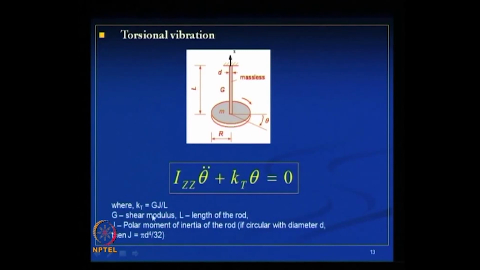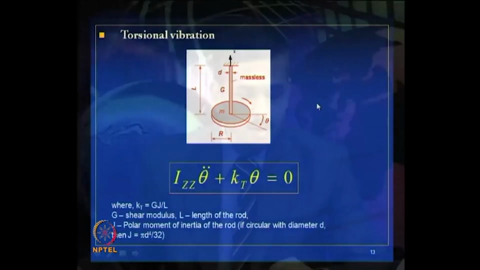Fine. So, using this expression, the torsional spring constant can be computed for a torsional vibration like this. So, after knowing this, now we can proceed to our next problem, problem number 8.